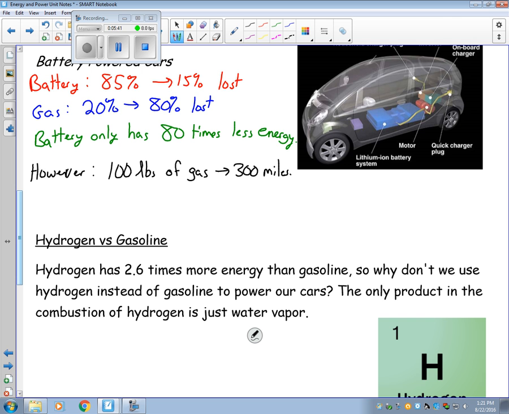That's different for every make and model. Some cars are more efficient than others. But as a general rule, 100 pounds of gas will let you travel about 300 miles. Well, if I wish to travel 300 miles in an electric car, I would need a battery that weighs 8,000 pounds.